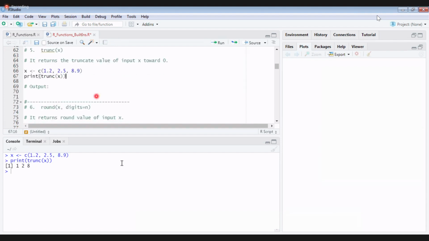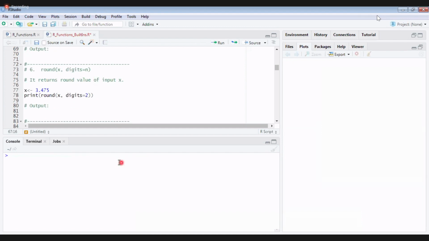Next you have the round function. The round function takes two arguments, one the value and second for how many digits you want to round it off. For example, see here I have taken 3.475, and I am saying 2, so the last two digits get rounded off and you get 3.48.